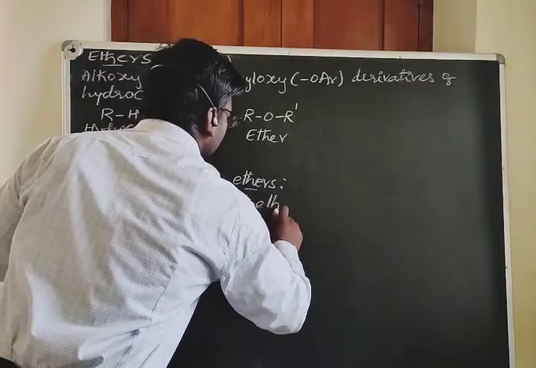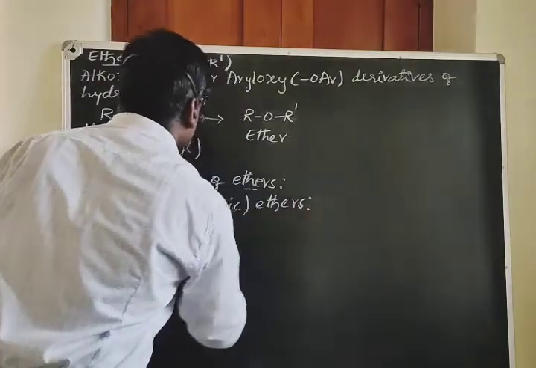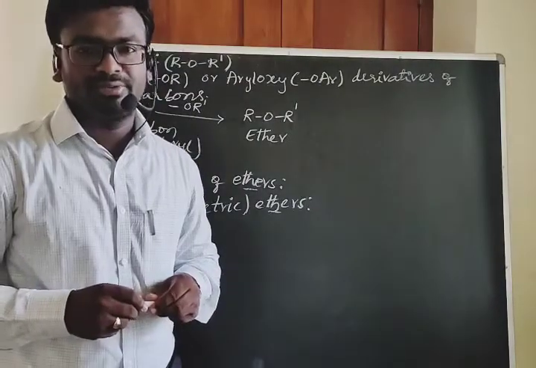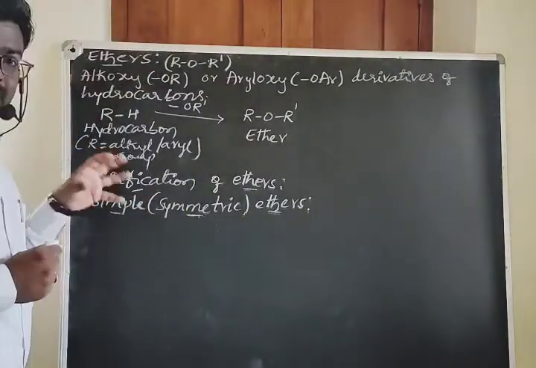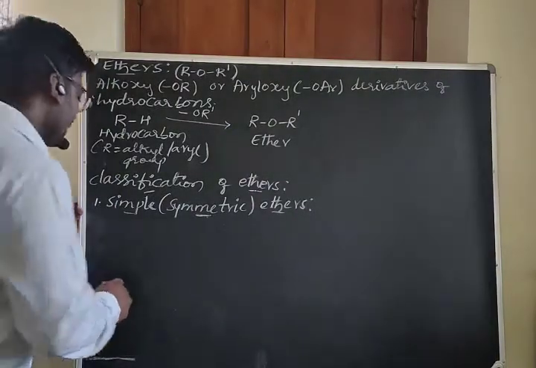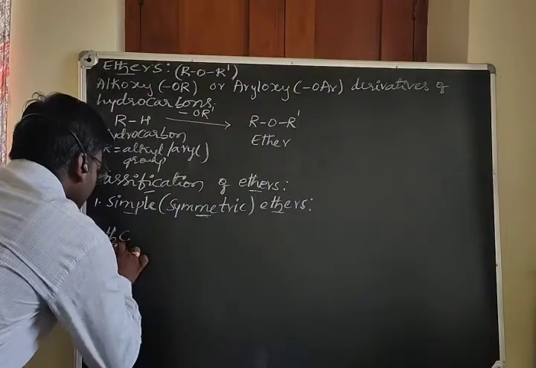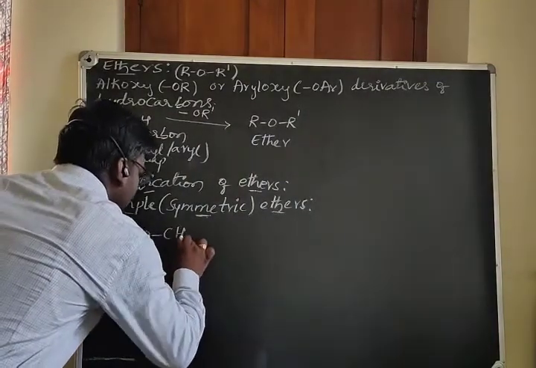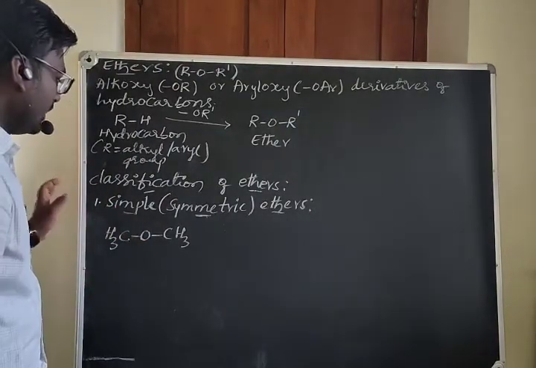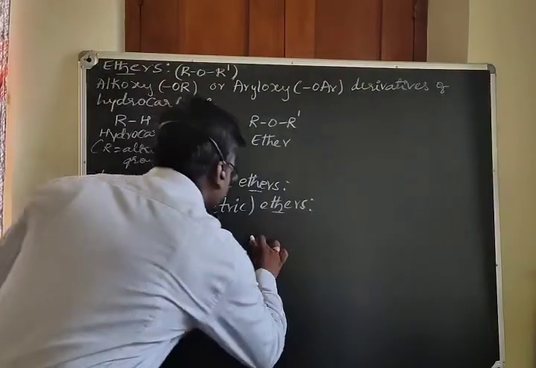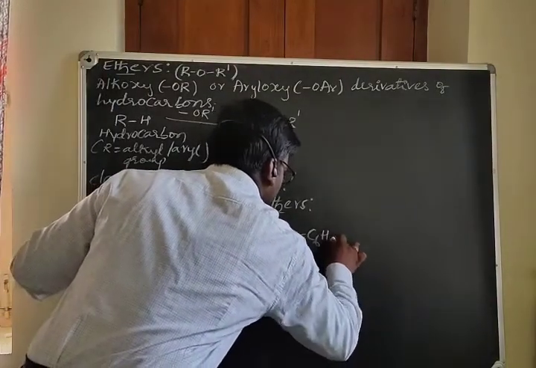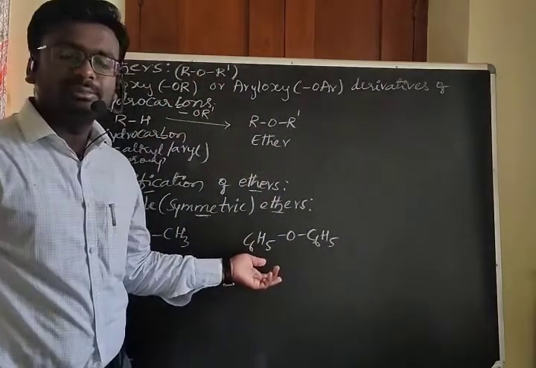The name itself suggests that there is a symmetry, meaning similarity in the groups present. Let us consider an example for symmetric or simple ether. CH3OCH3. This is an example for simple or symmetric ether. The next one is also an example for symmetric ether.